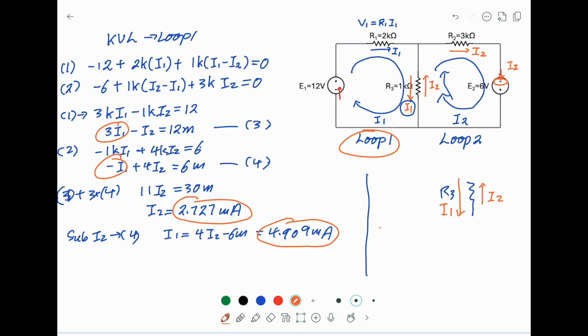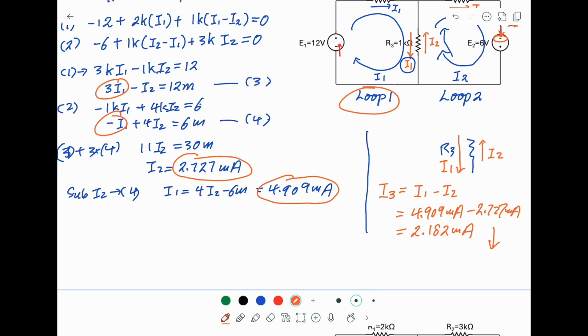So the physical current passing through R3 must equal I1 minus I2. It means 4.909 milliamp minus 2.727 milliamp, and if you plug this into the calculator, you get 2.182 milliamp. And the overall direction is down.